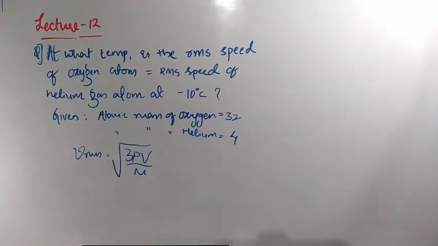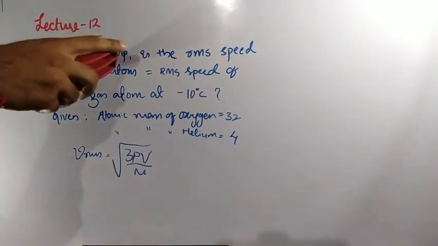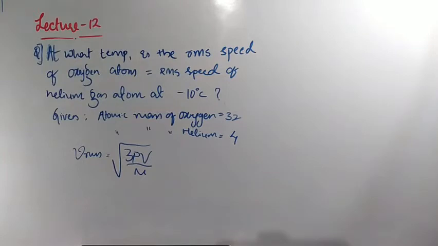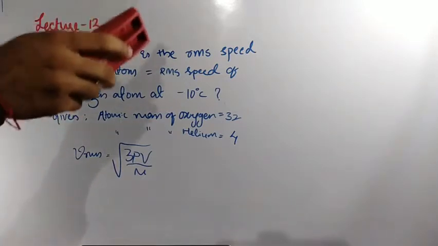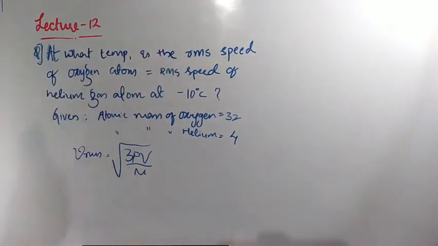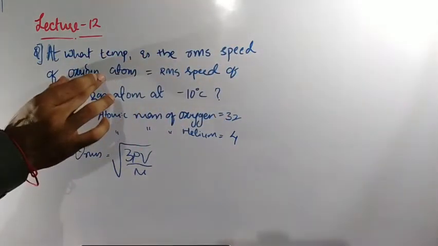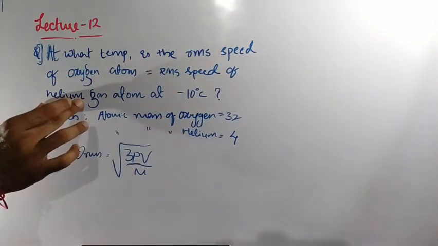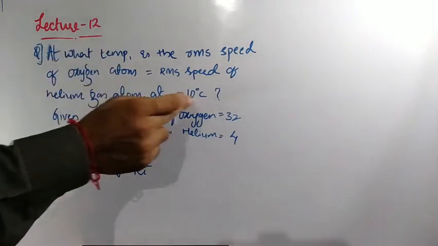Here they are asking at what temperature the root mean square speed of the oxygen atom is equal to that of the helium atom. So you have to calculate RMS of oxygen and RMS of helium, and equate them in terms of their temperature.